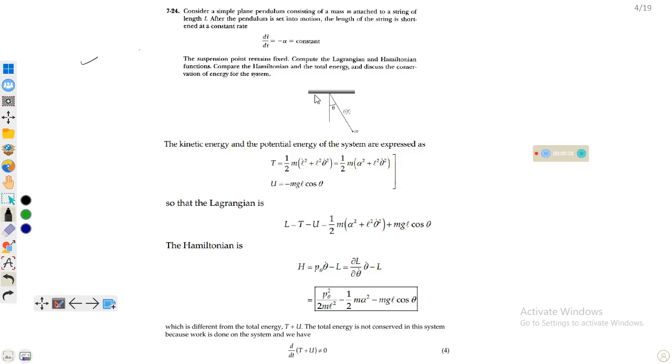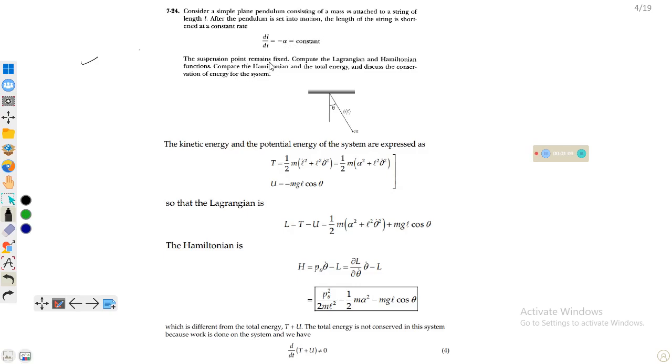This is the simple plane pendulum which has mass m and is attached with a string of length L. After the pendulum is set into motion, the length of the string is shortened at the rate dl over dt, which is equal to minus alpha, a constant. Meaning the length of this pendulum is shortening at a constant rate, equal to minus alpha.